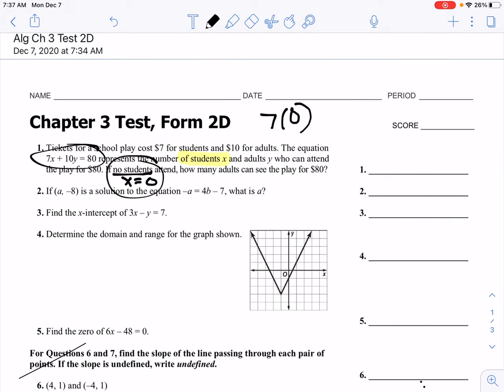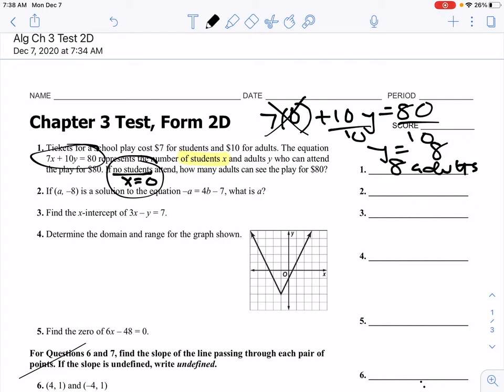So 7 times 0 plus 10y equals 80. Basically, we're finding our y-intercept for the equation. So that gets rid of this. You divide by 10, and you get y equals 8. Right, so how many adults? 8 adults.